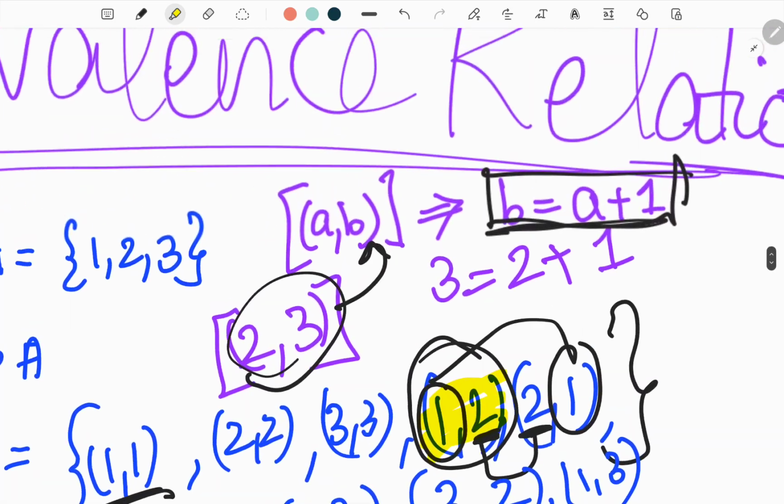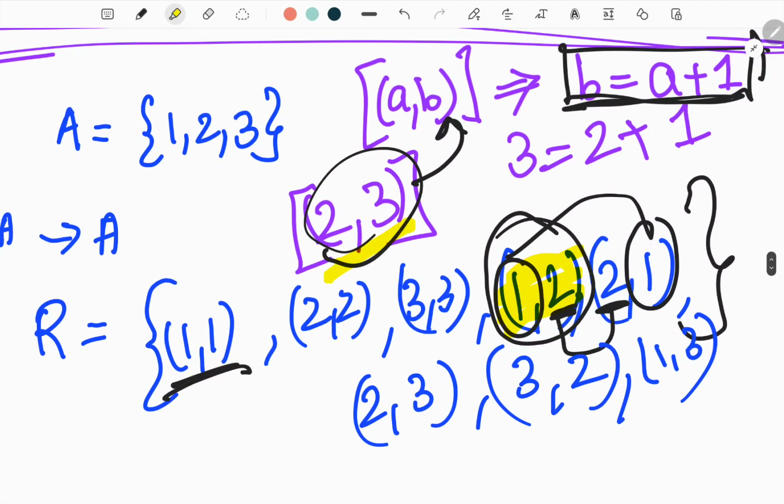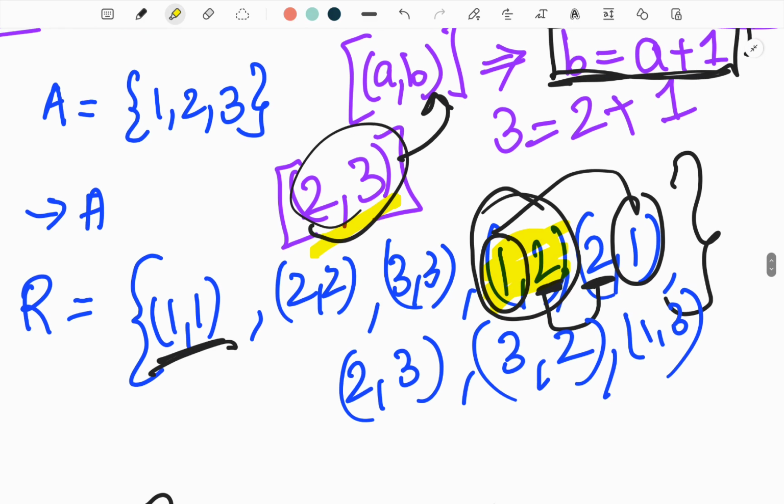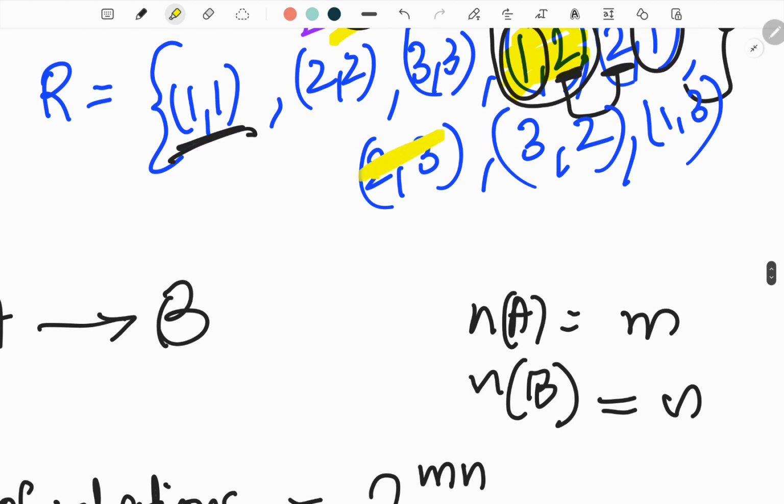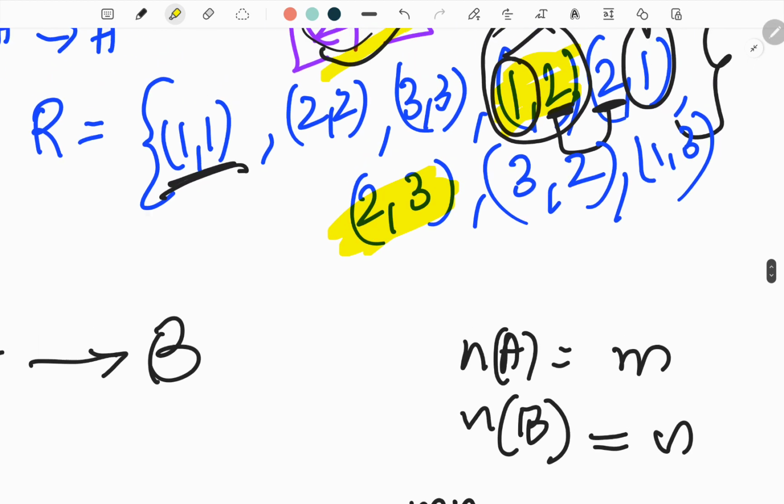Same way (2,3). Now (2,3) we have already written. We are trying to find the equivalence class of (2,3), but you can include the same element (2,3) as well in the equivalence class relation. So in this case (2,3) also satisfies.